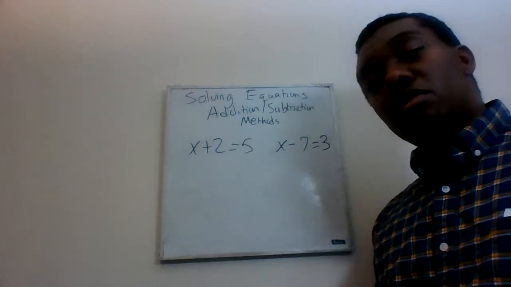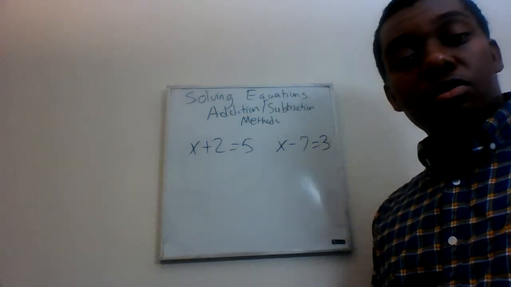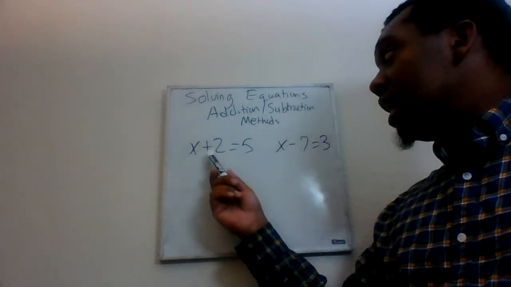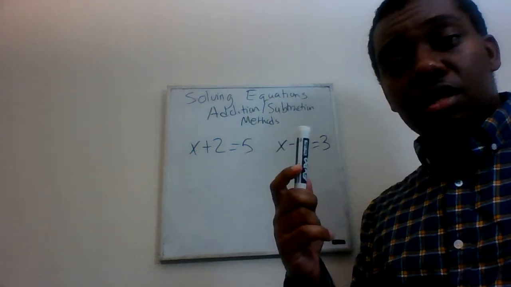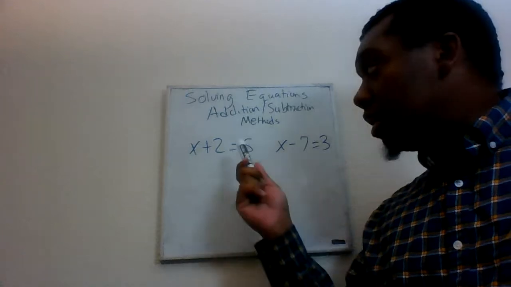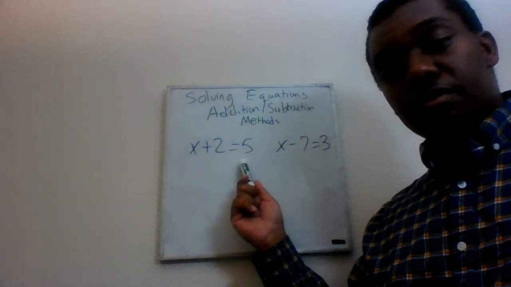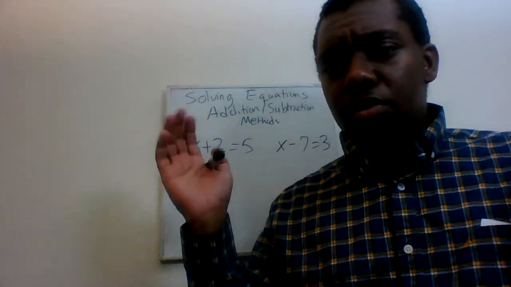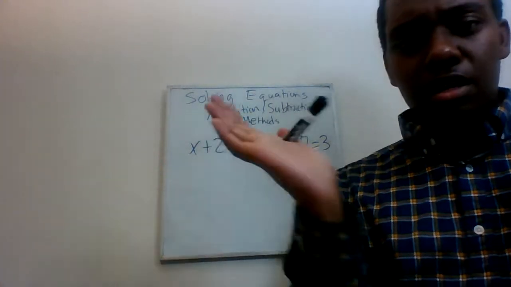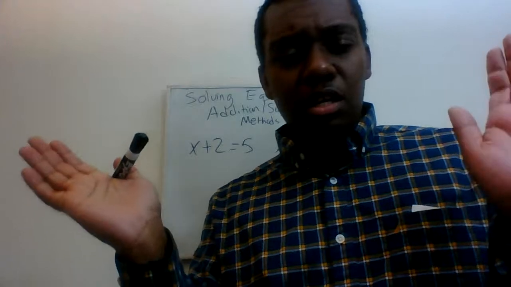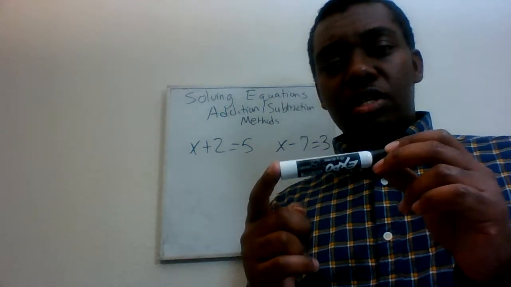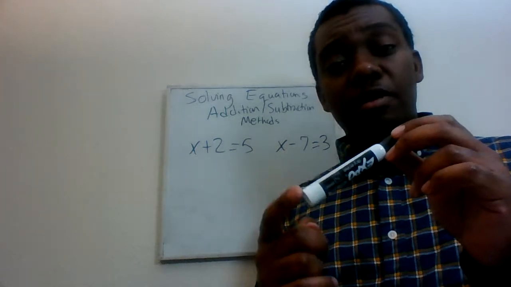Something else to note when solving them is that equations are equal expressions, two expressions that are set equal to each other. And if two things are equal, they're balanced, right? Meaning that if one side had too much, the other side would go up and it would go down like a seesaw.